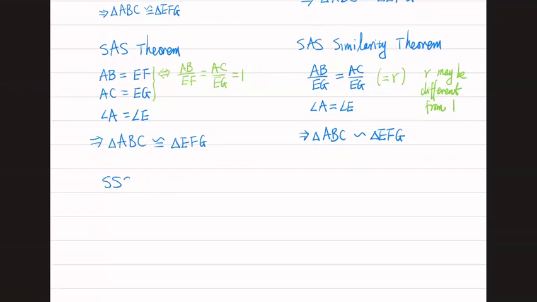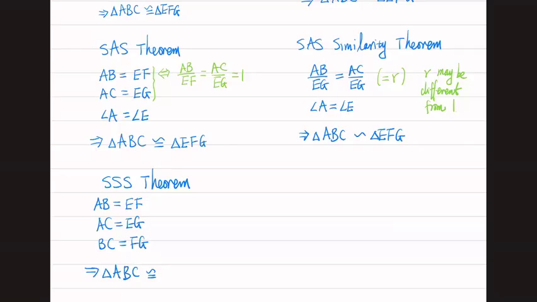SSS. These two triangles are congruent. Again, we can reformulate. Then the corresponding theorem for similarity.